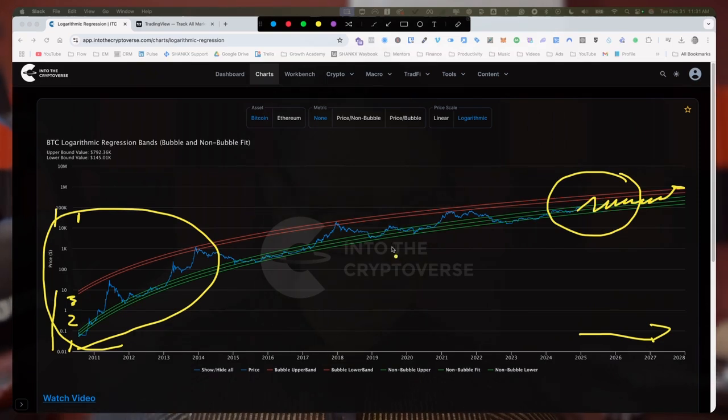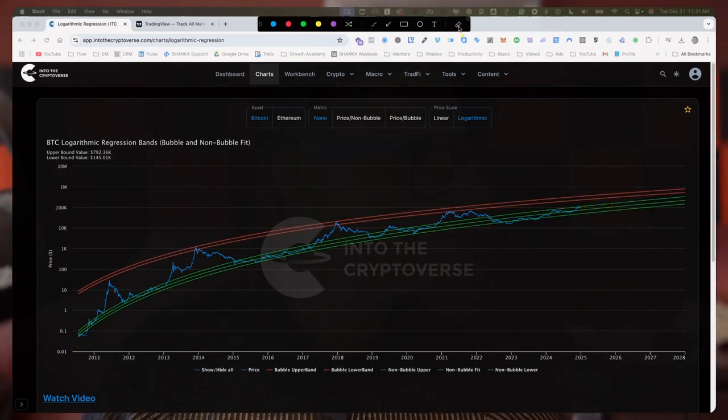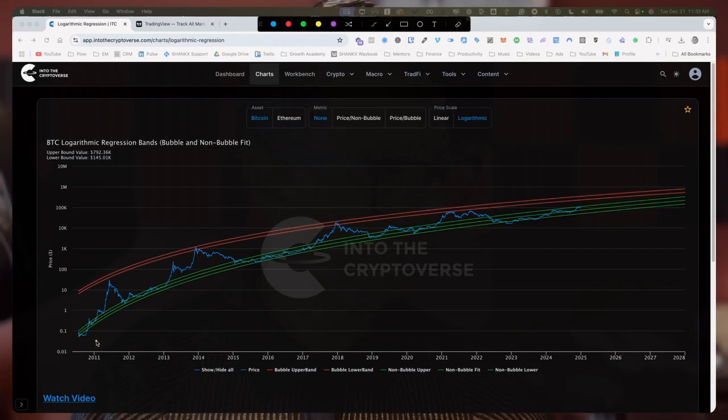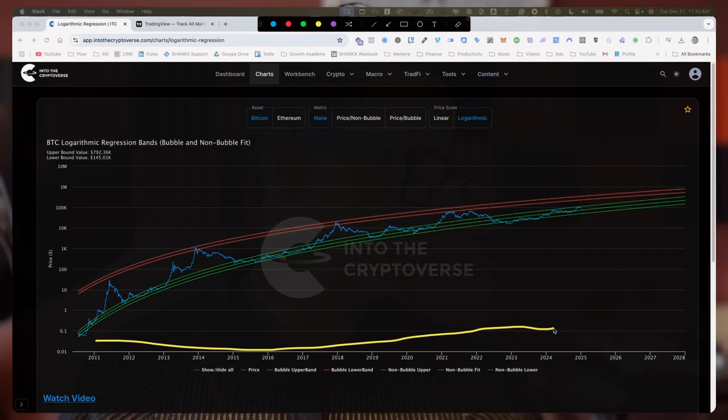I think this clearly shows us that nobody is too late, because when we look at what happened between 2010 and 2024, that was a price from 0 to roughly 100,000.